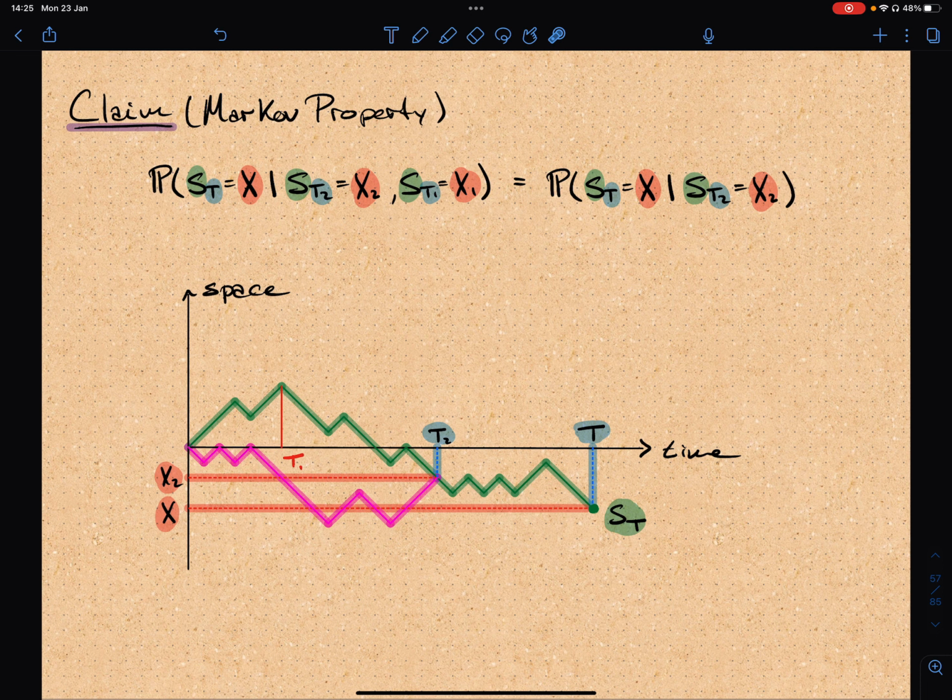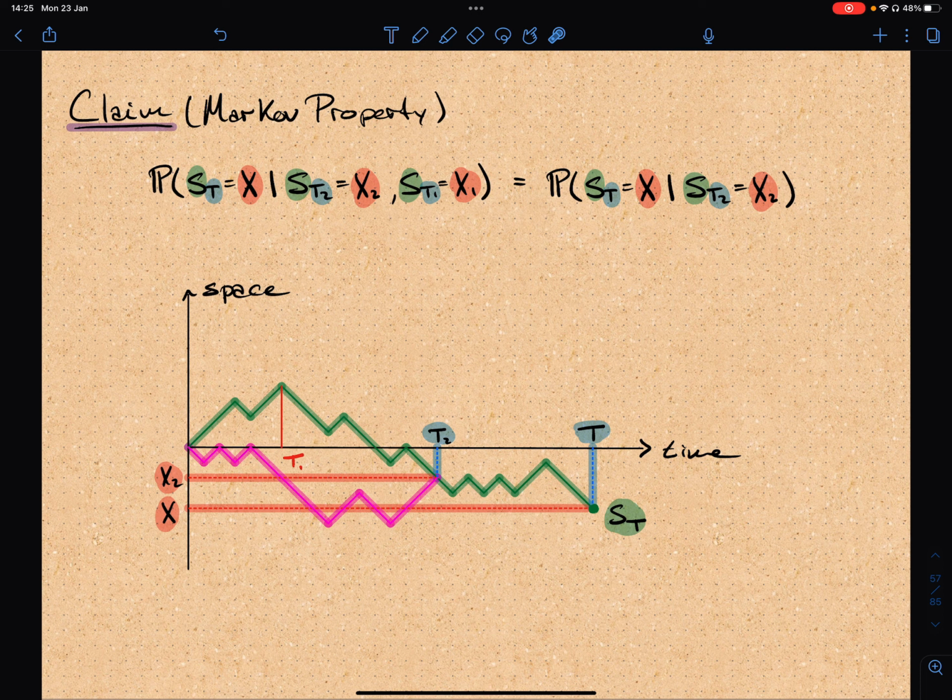And the one that we can't remove is the last one, the one that's the most recent condition. Anything in the past doesn't affect our conditional probability. This is called the Markov property, and I'll give a more precise definition in the next lecture. It's going to be the foundation of our Markov processes.